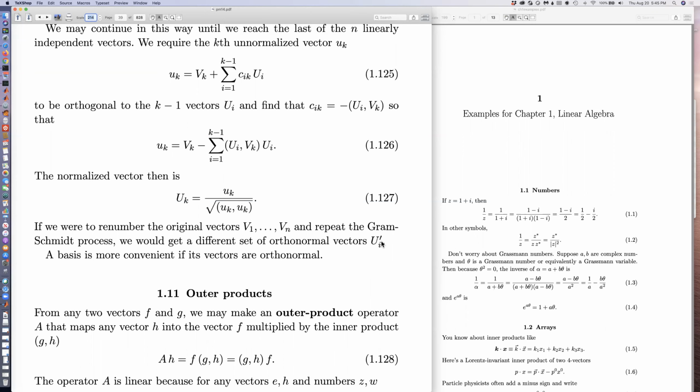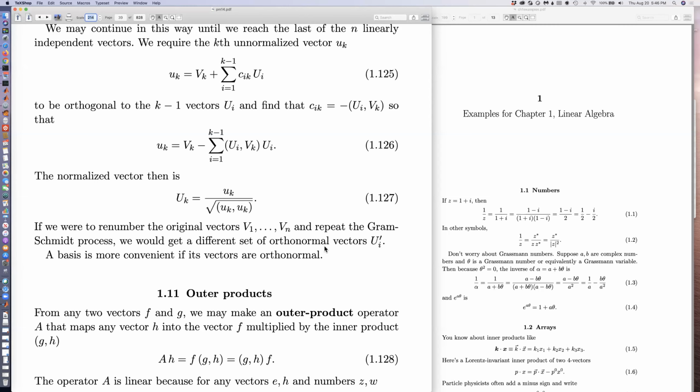They'd still be orthonormal, but they'd be a different set. So every vector space has infinitely many sets of orthonormal basis vectors. In fact, infinitely many maximal sets of orthonormal vectors.